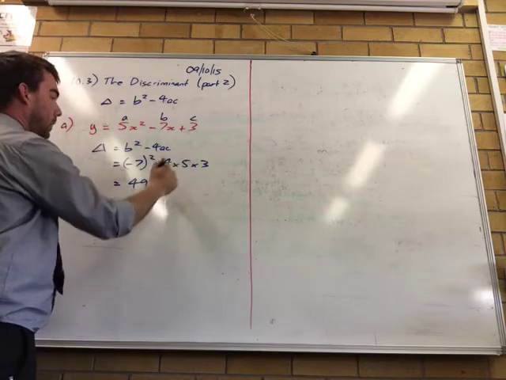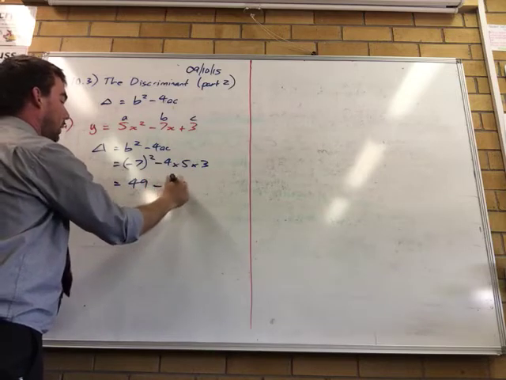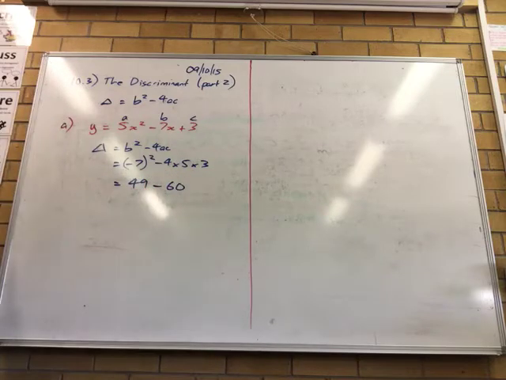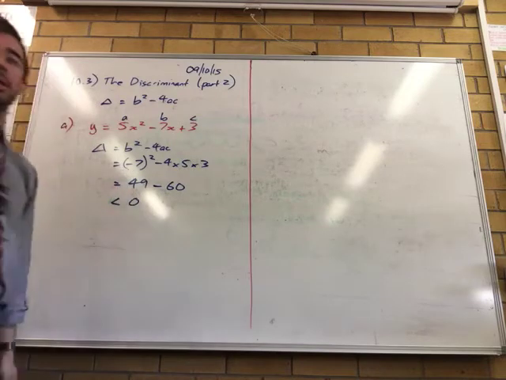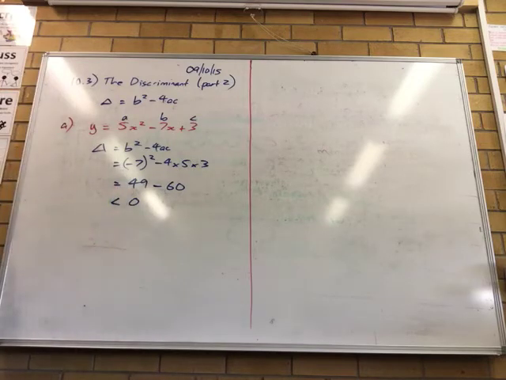That's 49, and 20 times 3 is 60, so minus 60. I don't have to work out the actual number. All I need to say is that this is going to be less than 0, because I am subtracting a larger number from a smaller number. You can show that sort of evidence, or you can show the actual calculation, negative 11.